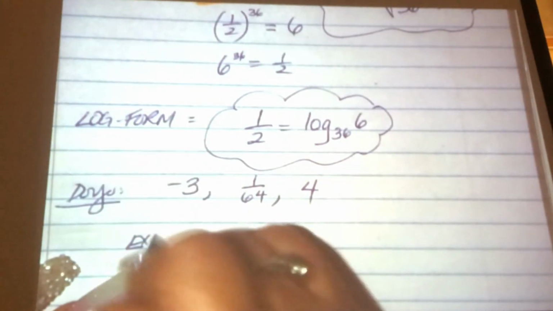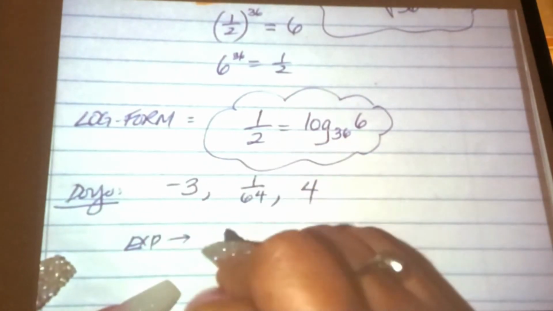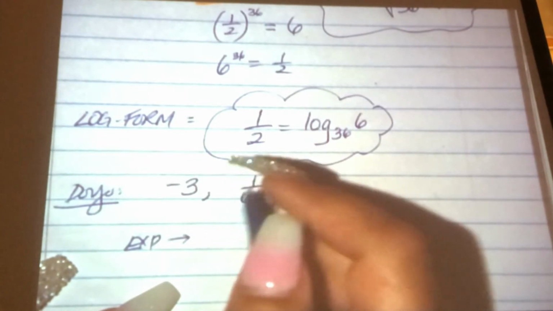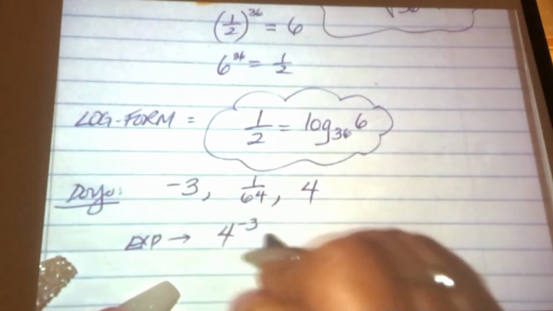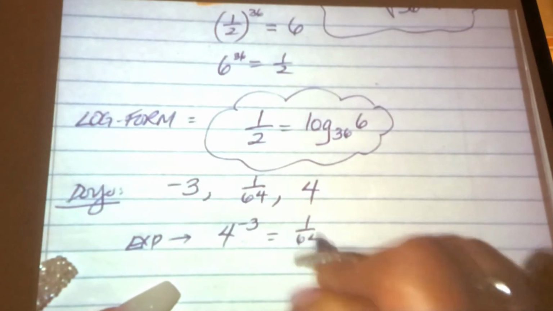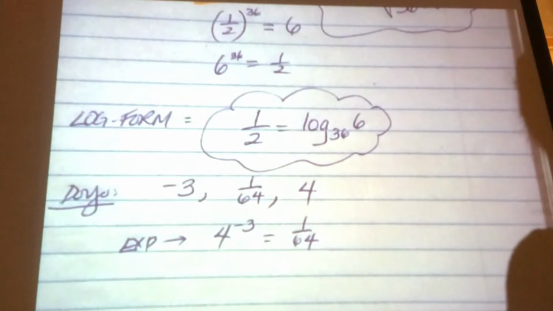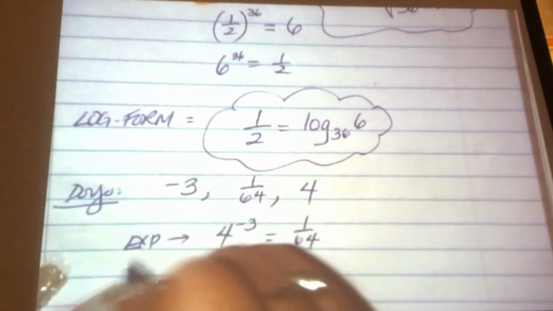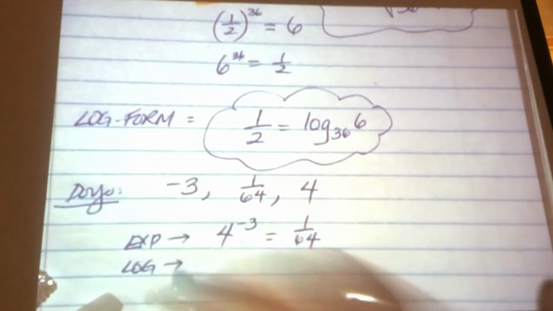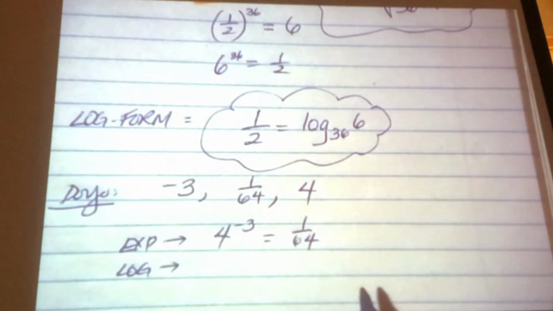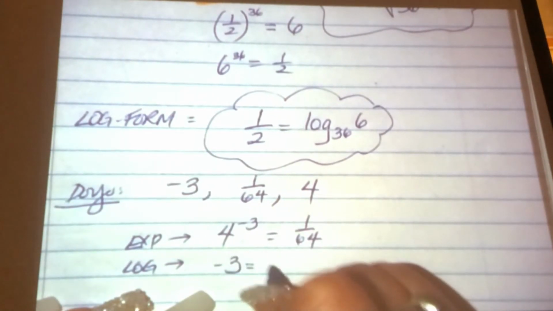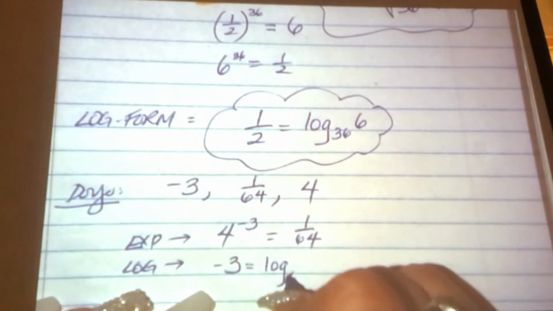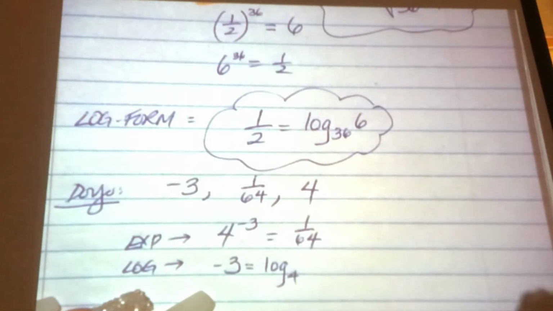Ready? What'd you guys get for the exponential form? Thank you. Raise your hand if that's what you got. Nice. Zuhair, can you give me the log form? So let's say it like this.